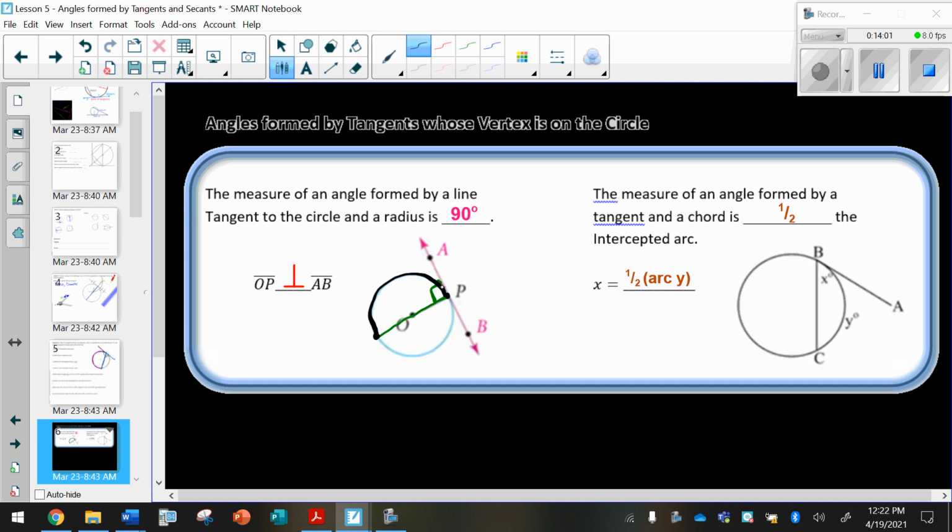It's half the circle. So it is the same rule, where an angle formed by a tangent and a chord is half the intercepted arc. So the measure of angle X is going to be half of the measure of arc Y. You got that? Okay, next.